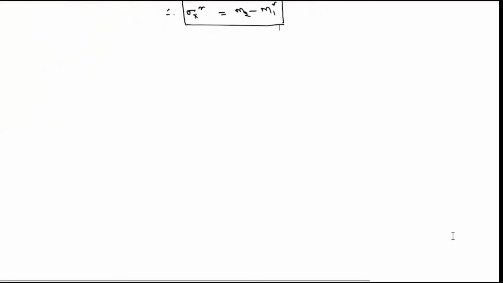Based on this, we are going to define a new term called skew. The third central moment, represented by nu3, is called the skew of the density function. It gives the symmetry of the function f(x) of x about the mean value x bar, the mean value of the random variable. If any function f(x) of x is symmetrical about the mean, then the skew value is 0.